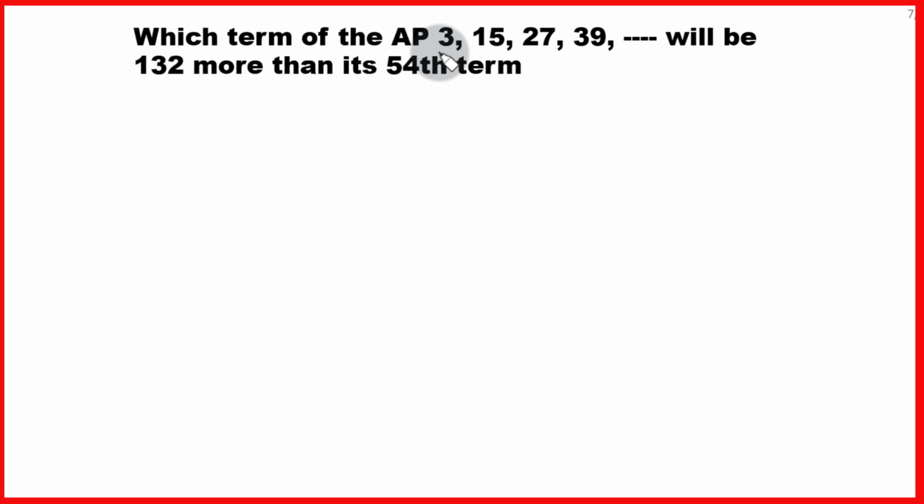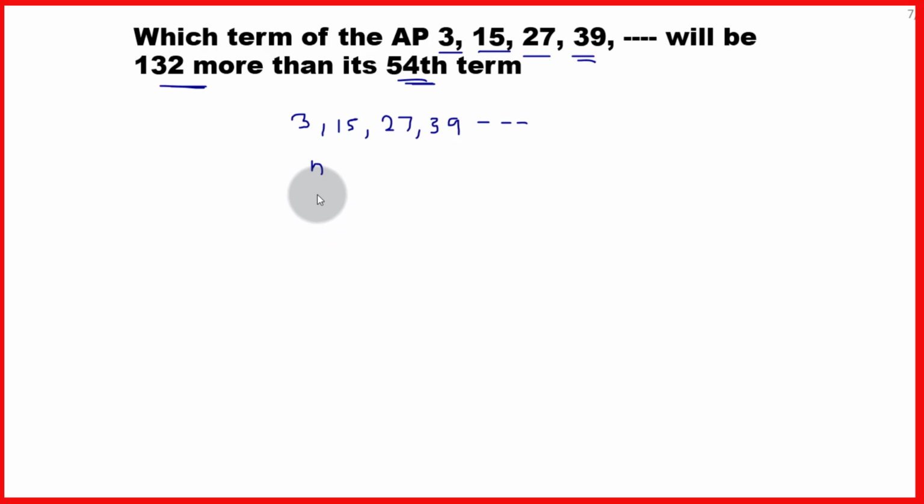Here is a question: which term of the AP 3, 15, 27, 39 and so on will be 132 more than its 54th term? Friends, here the given AP is 3, 15, 27, 39 and so on, and you are asked to find which term will be 132 more than the 54th term.